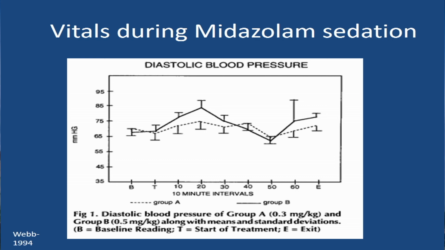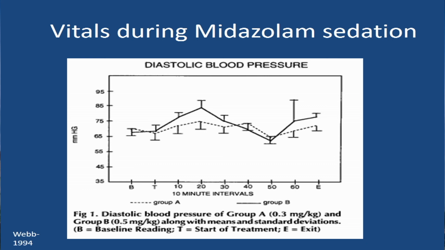And this is good to notice when you're looking here, we're looking at diastolic blood pressure. When you look at Group A, that's the 0.3 milligrams per kilo, versus Group B, which is this solid line up in here, what you do see is that Group B, which is a higher dosage, has at the 20-minute point a higher level of diastolic blood pressure than Group A, which is 0.3 milligrams per kilogram.